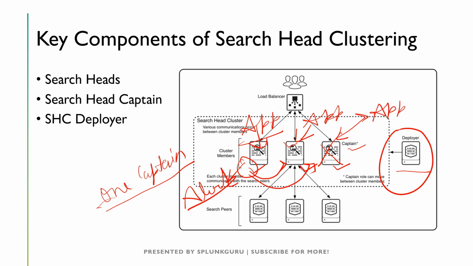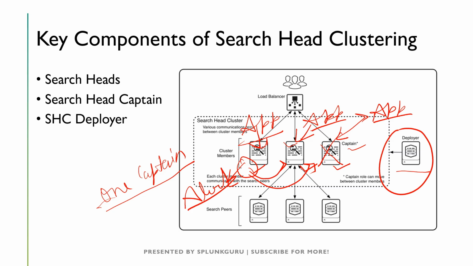That's not the way forward, because it can create conflicts. You might configure something in search head member 1 and something else in member 2, and that can lead to issues where your clustering will not function as expected. So now the deployer role comes into the picture.